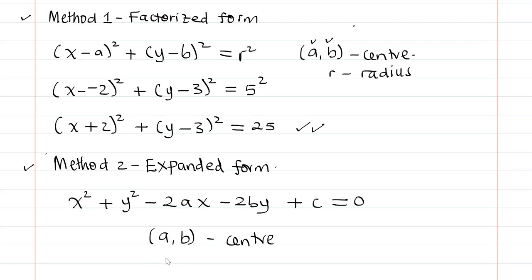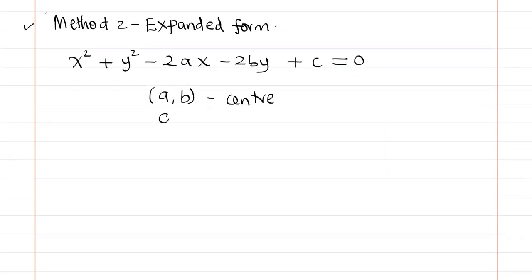And here our c has an expression, and in this case c that you see in the formula equals a² + b² - r². That is simply the sum of constants.